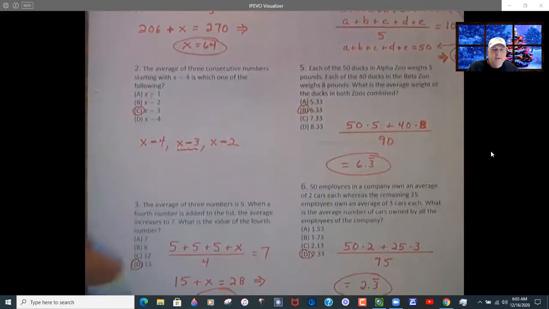The average of 3 consecutive numbers starting with x minus 4 is which one of the following? Okay, so you need to know what consecutive numbers means. This is great for pick a number for x. So let's say we pick x is 7.